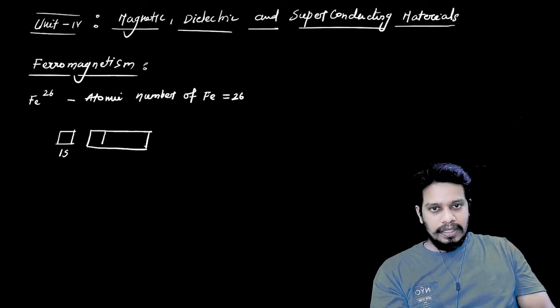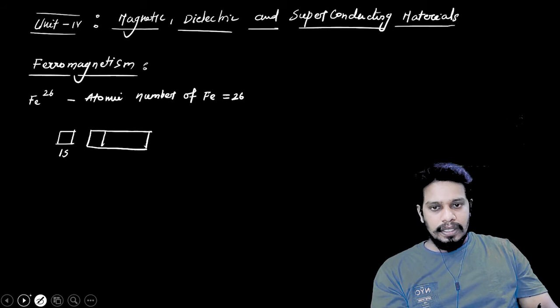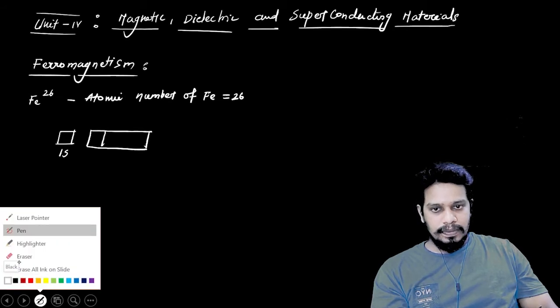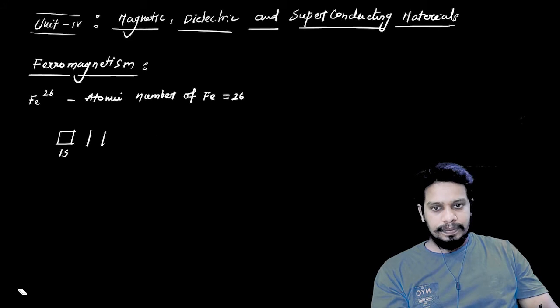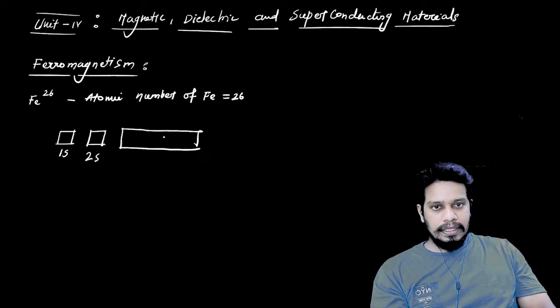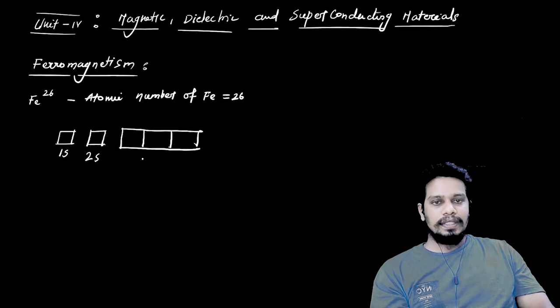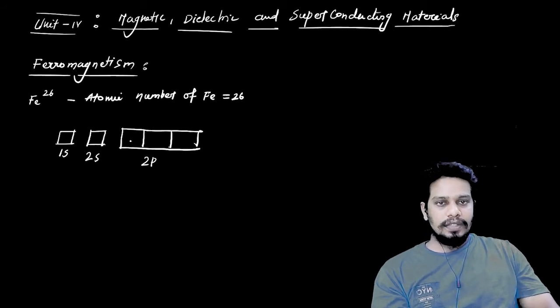The next orbital is the 2s orbital. The next is the 2p orbital. The 2p orbital has 3 degenerate energy levels. Each of them holds 2 electrons. First I want to just draw the energy levels.